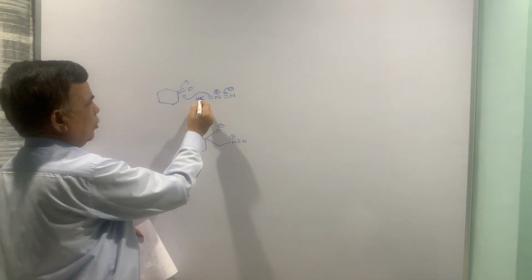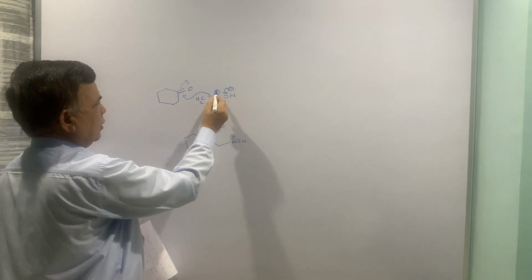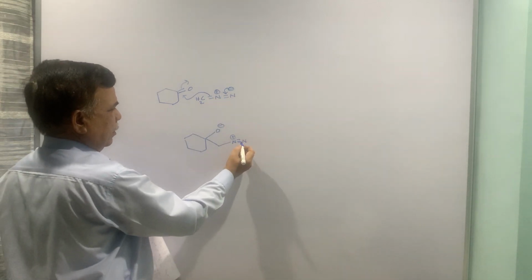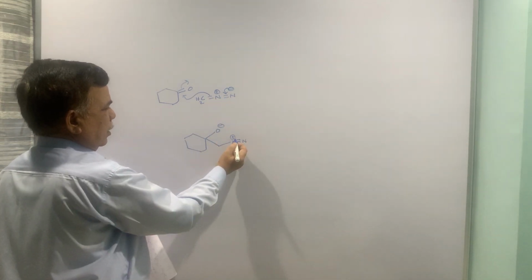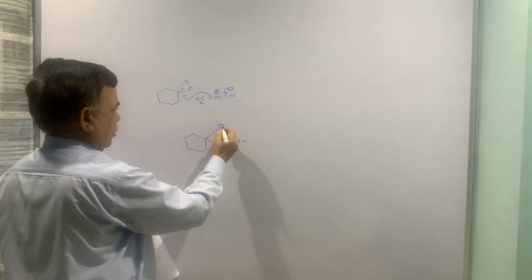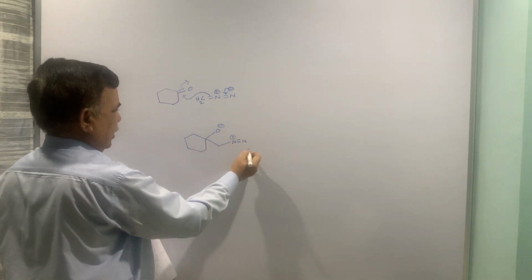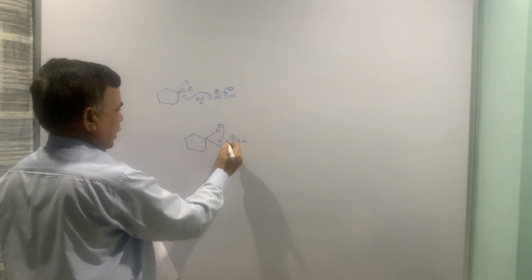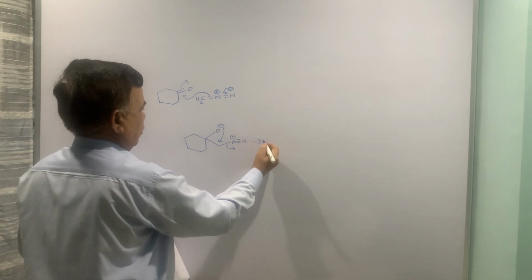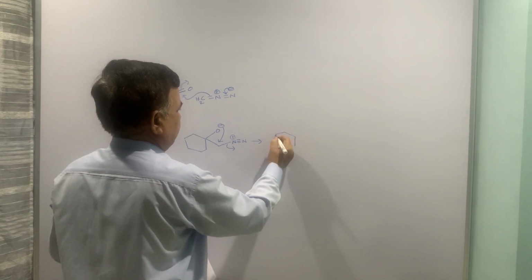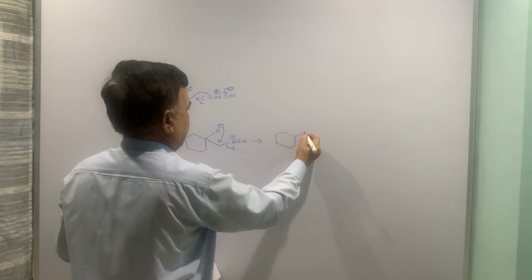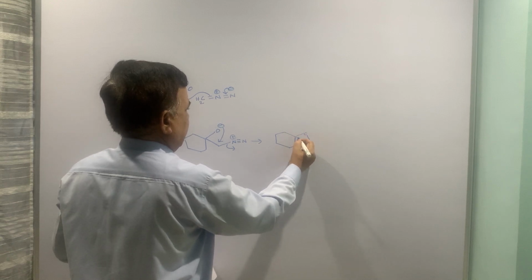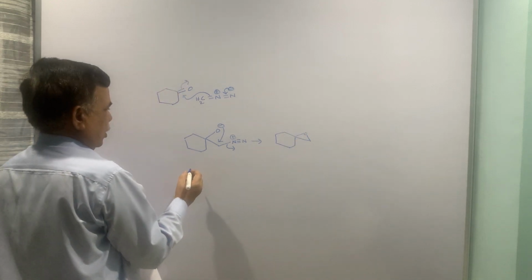The bond is getting formed between this carbon and this carbon, and you are getting the leaving group. Now either this will come here, this will go off, so you will get an epoxide. So theoretically you can think of getting the epoxide also.